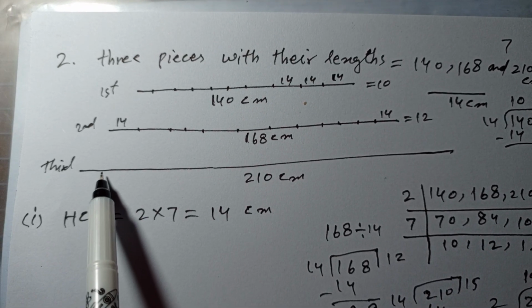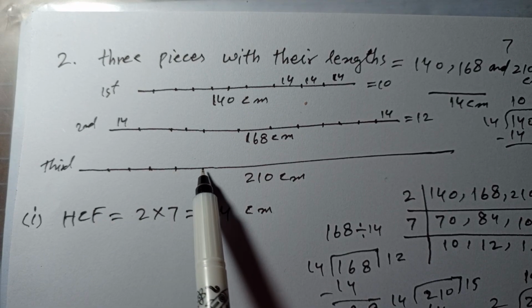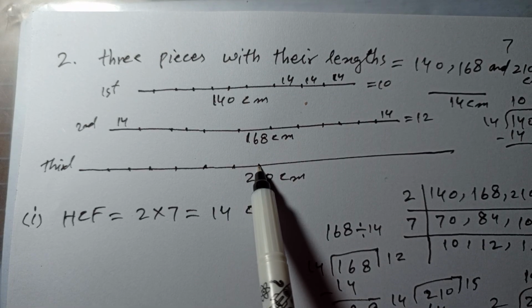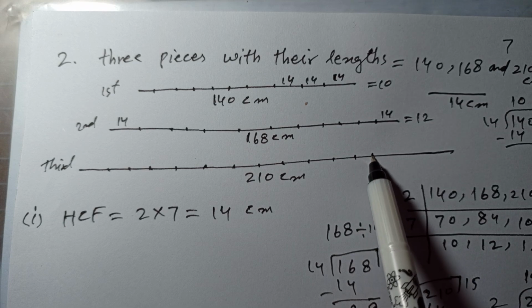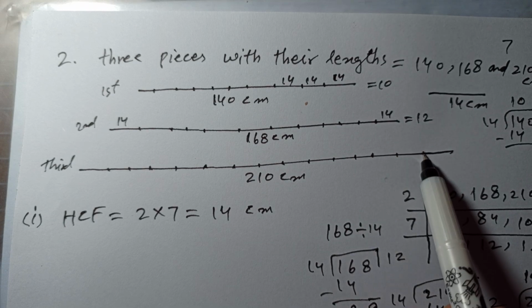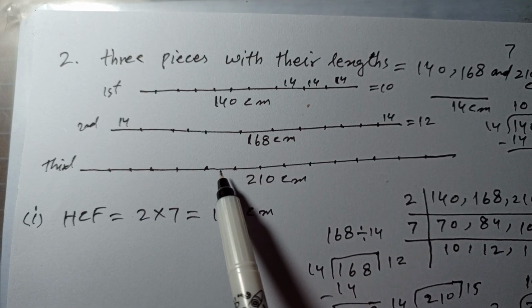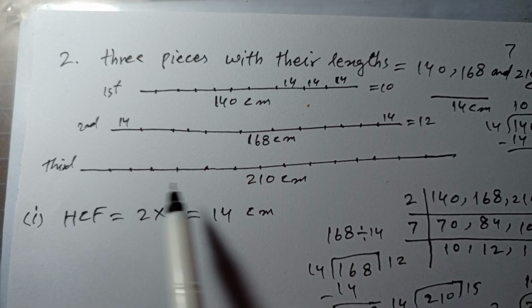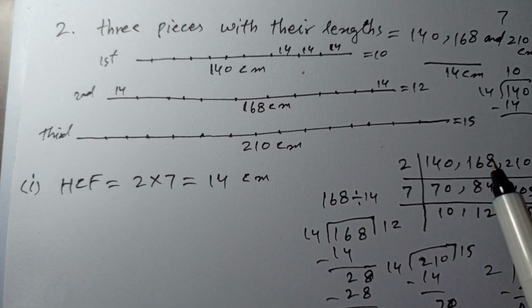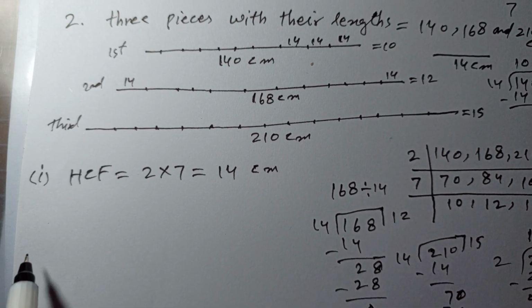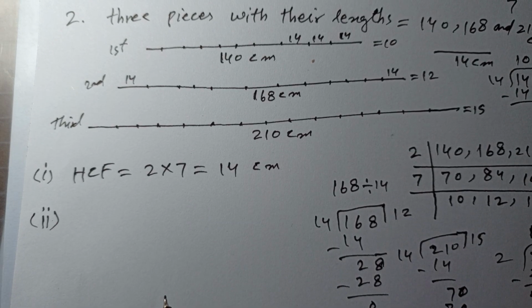You will write 1, 2, 3, 4, 5, 6, 7, 8, 9, 10, 11, 12, 13, 14, 15. 15 pieces from this longer rope. How many total pieces has he got? Because in the second part he was asking us how many total pieces he got.